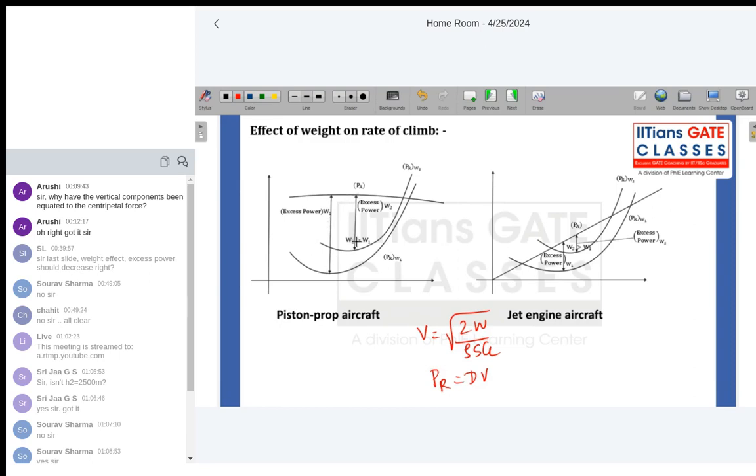This is the excess power when the weight got increased. Same is the case for jet engine aircraft also. So as weight increases, the excess power decreases, thereby rate of climb decreases.